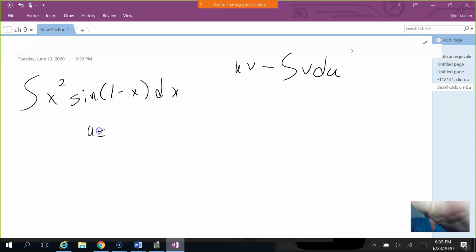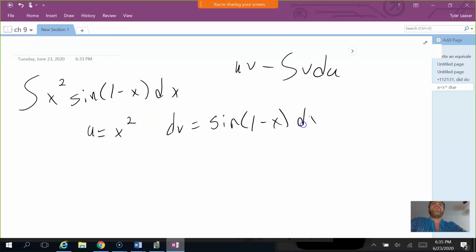With integration by parts, you need to set your function u and you need to set your function dv. So like I said, we're going to let u just be the x squared because I know that one breaks down. We'll let the dv be the sine of 1 minus x dx, just everything else in the integral. Make sure that's something that you at least know how to find the antiderivative of.